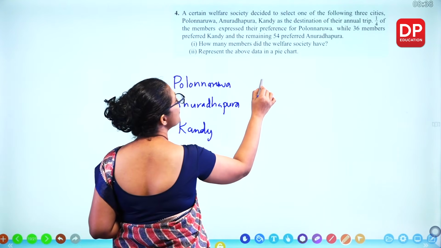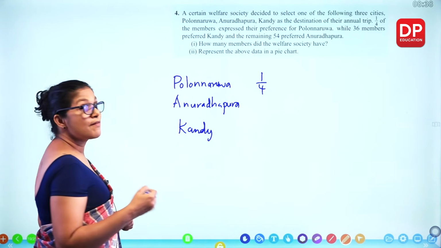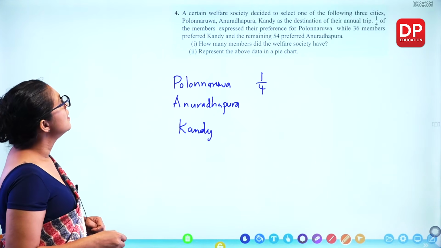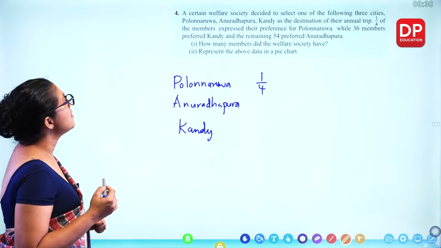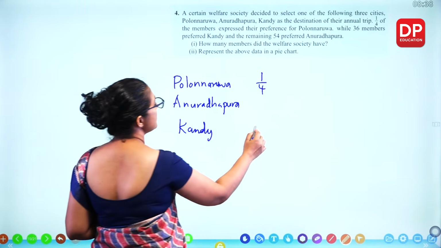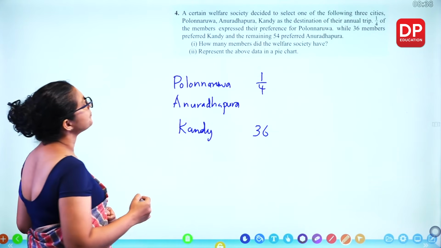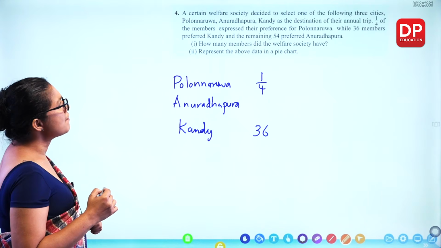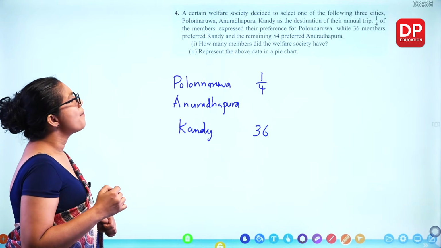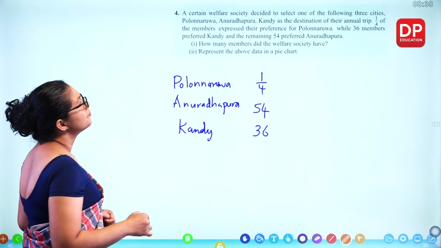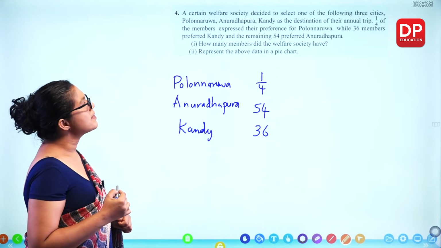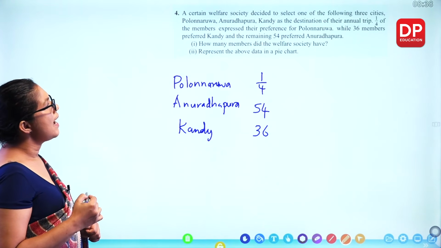So 1/4, now it's given as a fraction. And while 36 members preferred Kandy, this is given as a number. And the remaining 54 preferred Anuradhapura. How many members did the welfare society have?